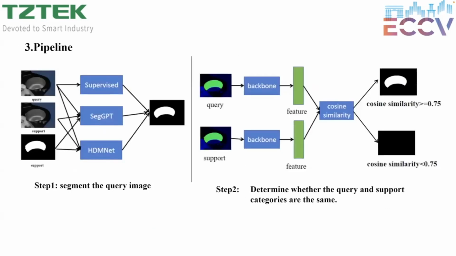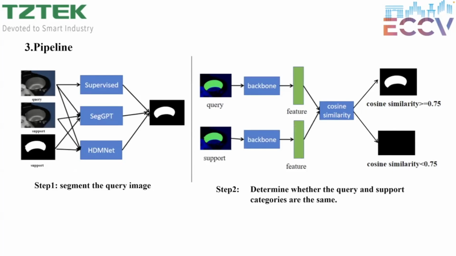The purpose of the second step is to address the issue where query and support categories are different. We concatenate the images and masks from the training set as input to a classification network and train the network based on the 12 defect categories.